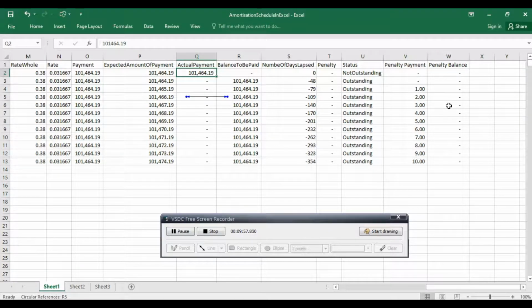Let us say the payment is 90,000. You can see that the number of days have elapsed, yet there is a balance of 11,464 still outstanding.